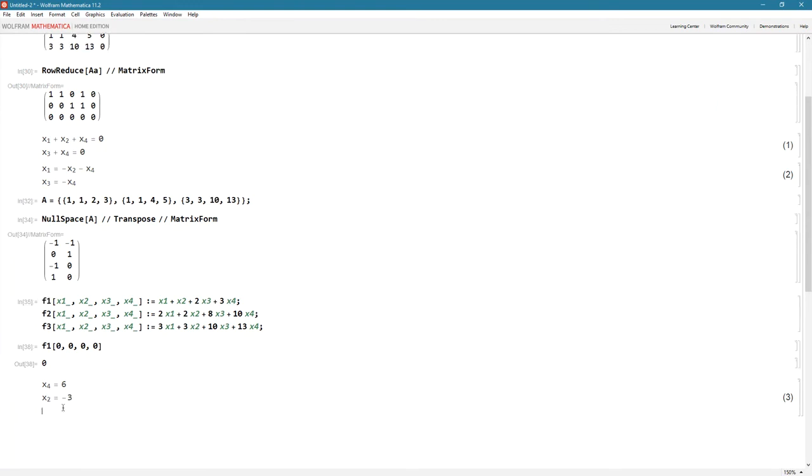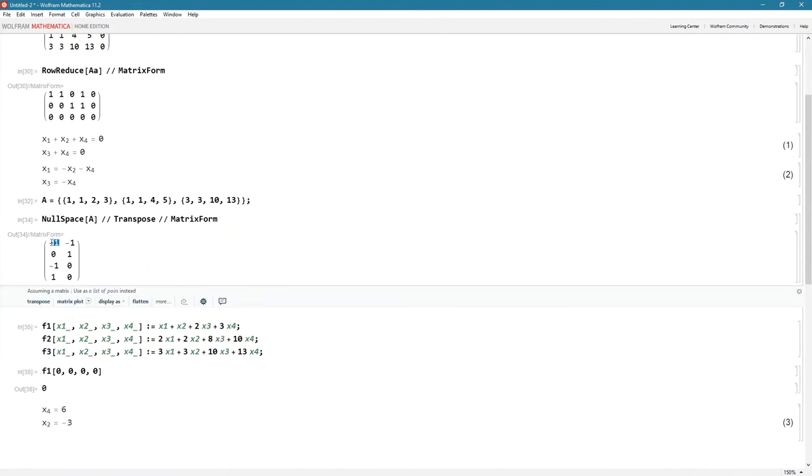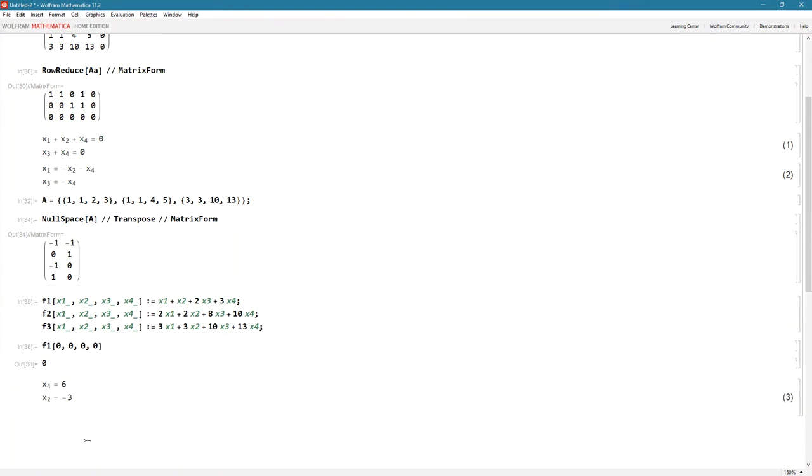So I'm going to say minus, this minus negative 3, times this minus 1, that's 3, minus 6. So I'm going to end up with, I'm just going to do some placeholder text here. That first one is going to be a negative 3.